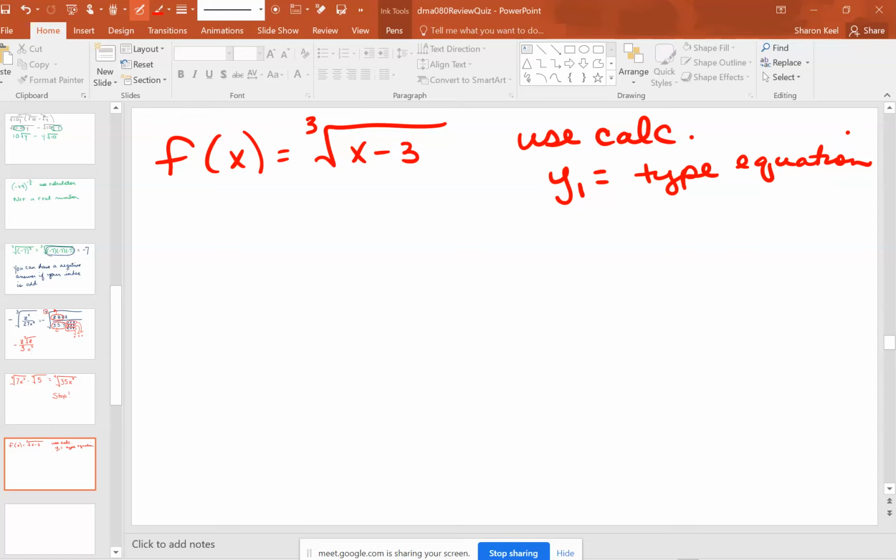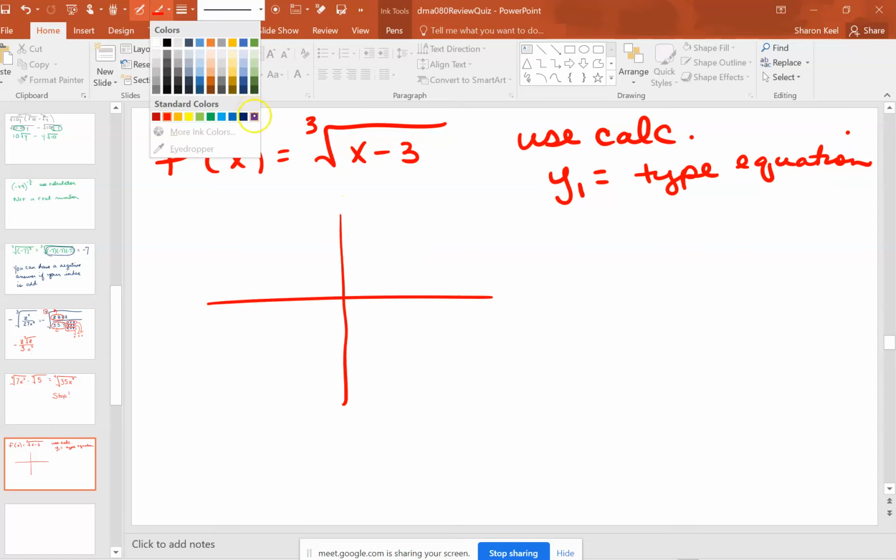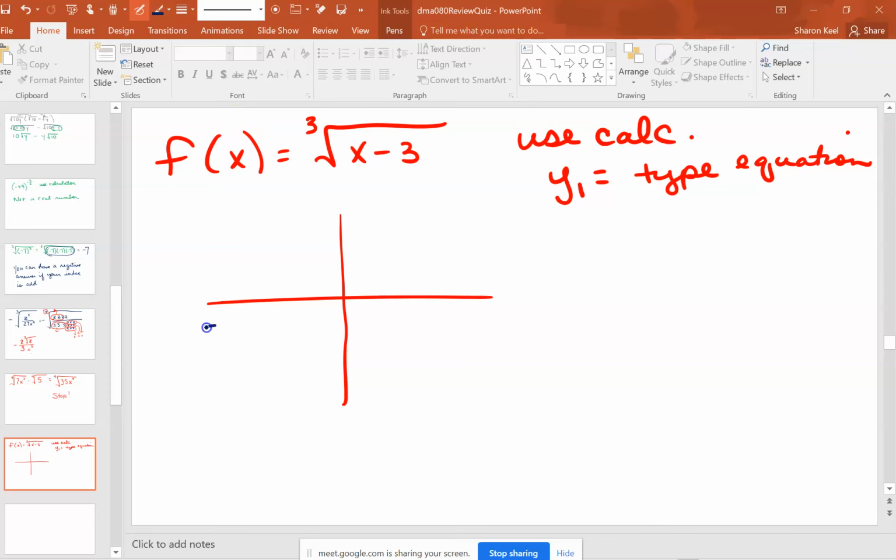The domain, and let me just do a quick little sketch here. So it's like here, it crosses at 3 and up in here. The domain, remember, are your x values.